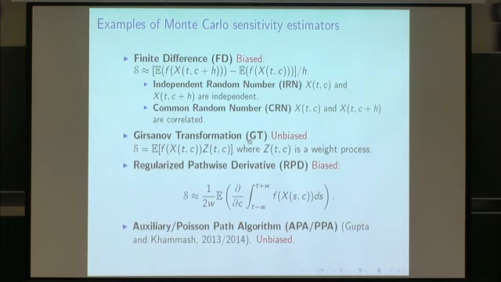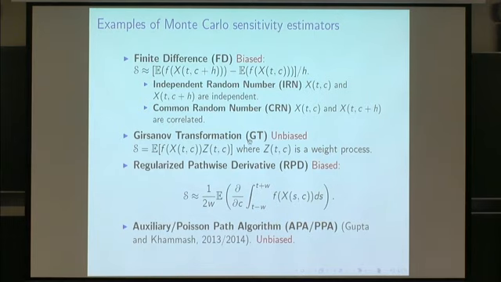The other approach, which is a little less obvious, uses a change of measure, the Girsanov transformation. You can derive this method where all you have to do is simulate this, and along with the simulation, you compute a weight, z.